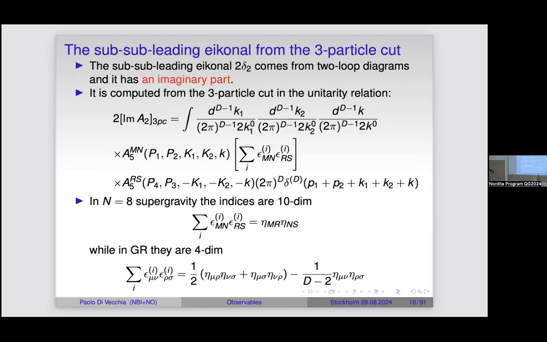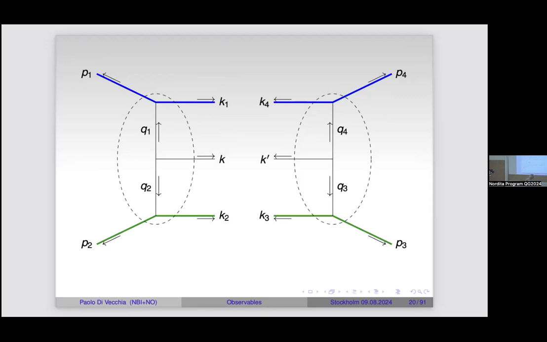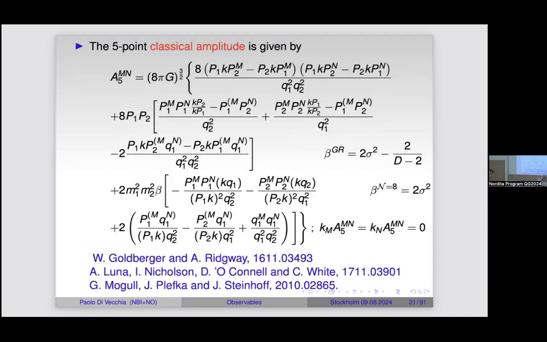This diagram is computed by putting together two 5-point amplitudes. This is a 5-point amplitude with 4 scalar particles and 1 graviton, and you have to glue these together. So you have to know the 5-point amplitude that I wrote here as a function of the momenta. This amplitude is gauge invariant, and depending on whether you have GR or N=8, this factor here is different.